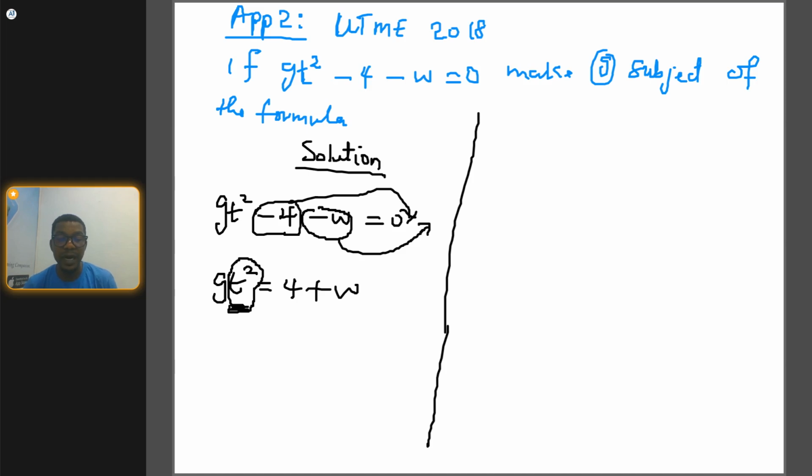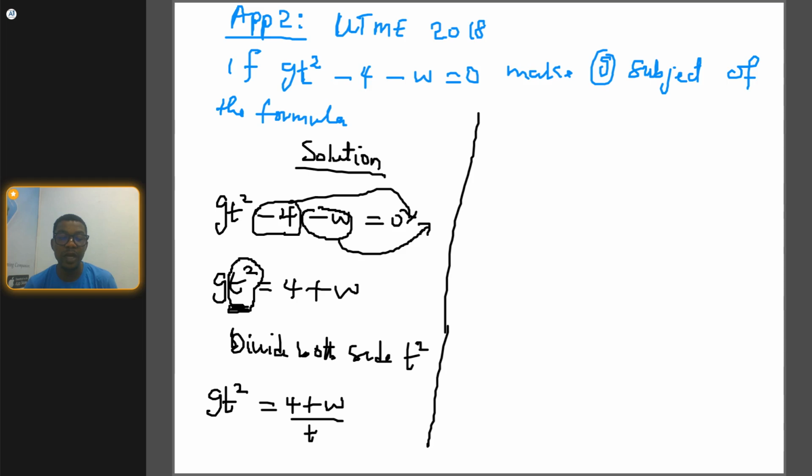So we divide both sides by T squared. So we have GT squared over T squared equals 4 plus W over T squared.